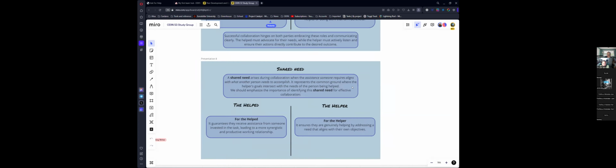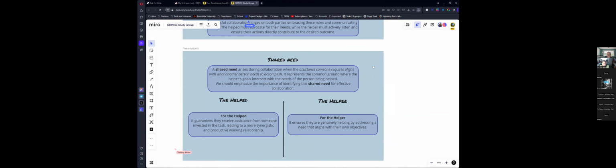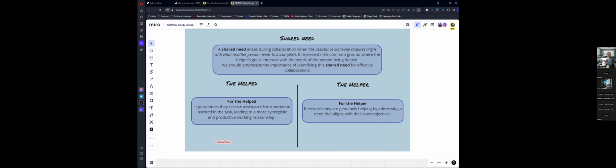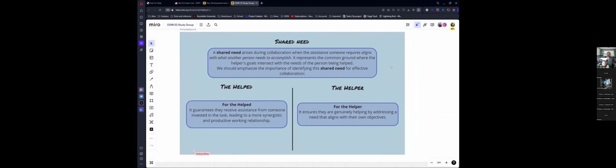An important concept that we need to understand is the idea of shared need. This is, I think, an advancement that S3 offers us. This isn't their language. This is me teasing this out of their pattern. But a shared need arises during collaboration when the assistance that someone requires aligns with what another person needs to accomplish.